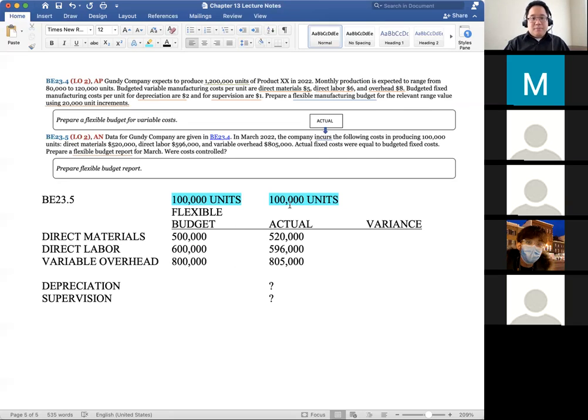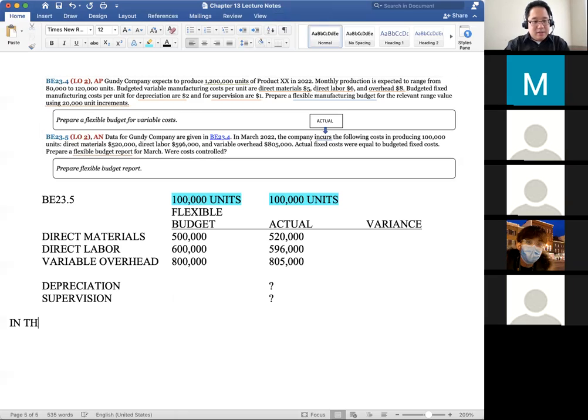Okay. And then it says budgeted fixed manufacturing costs are depreciation $2, supervision $1. Okay. So this one is a little bit tricky. This is what we have to do.